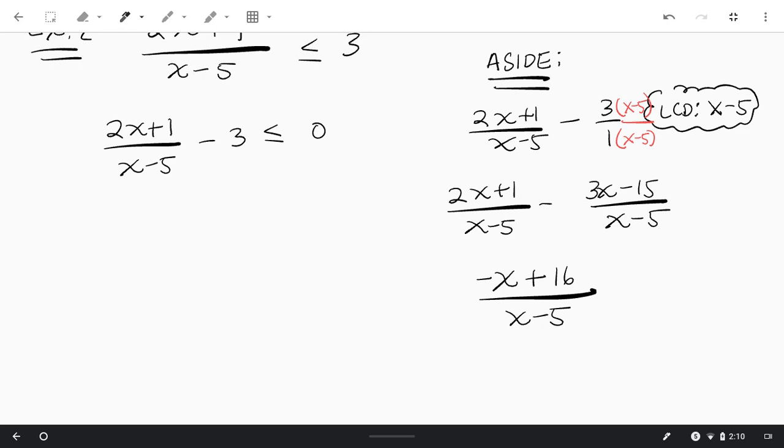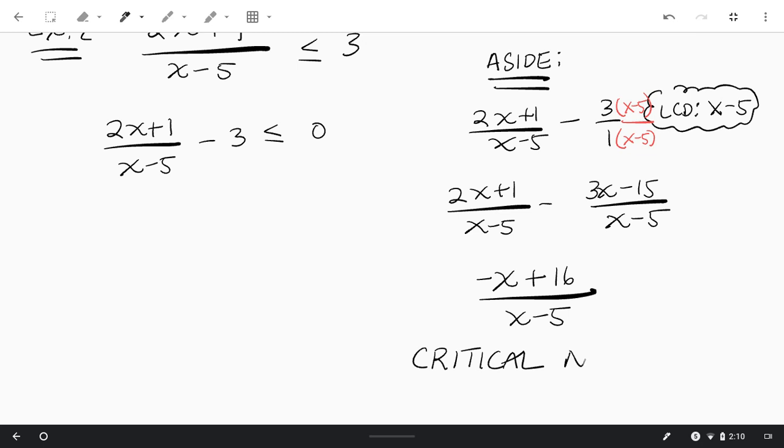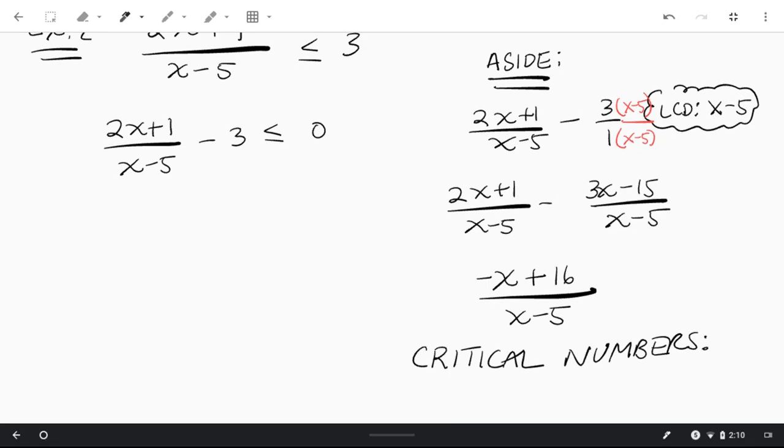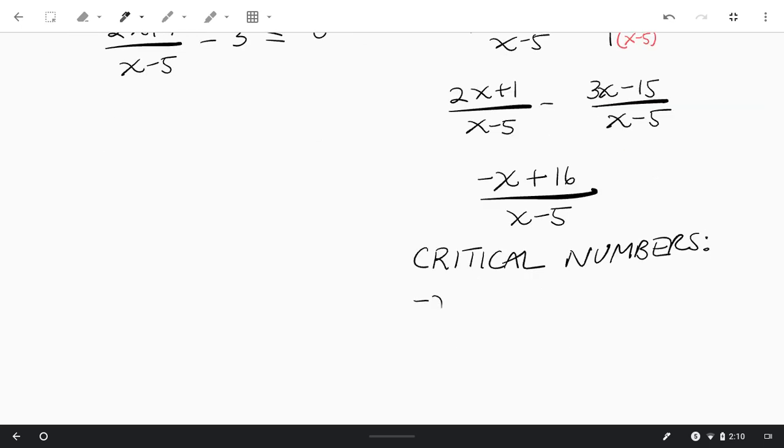So the way you find your critical numbers here when you have a rational expression is you find out where the numerator equals 0. So critical numbers. We find out where negative x plus 16 equals 0.